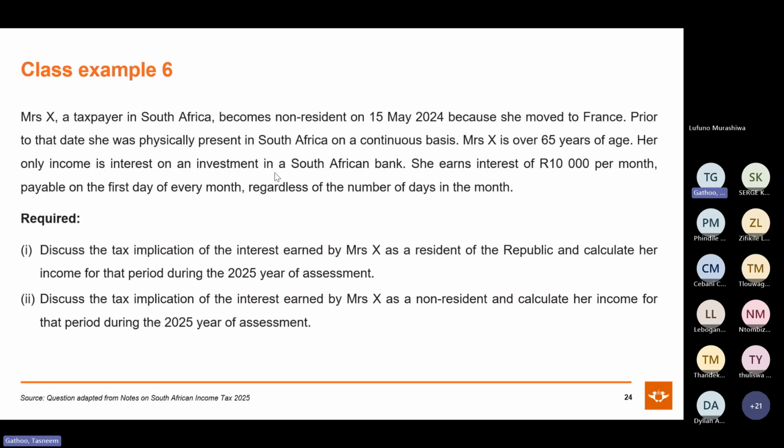The fact that this interest is from a South African bank account means it's South African source. So for the period when she's resident, as well as when she becomes non-resident, she's subject to tax in South Africa on the interest earned. Let's look now at the sections.